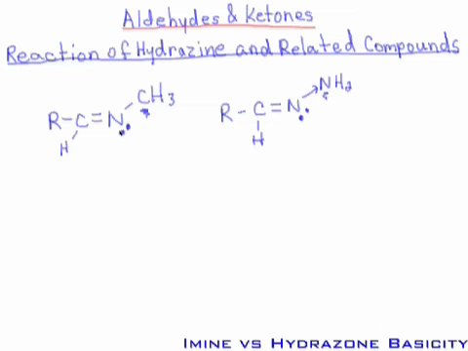The effect is that the orbital that holds the lone pair shrinks. It's pulled in by the greater electronegativity of the atom. As a result, it's more stable unprotonated. It's less basic. It's less likely to pick up a proton.